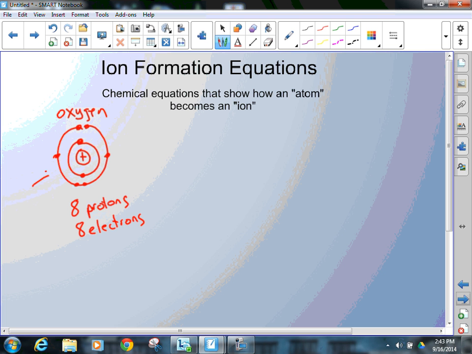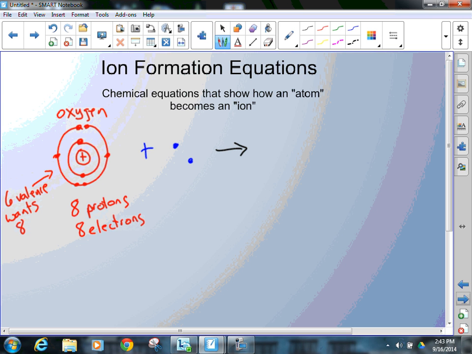In this outer energy level, it has 6 valence electrons, but it wants to have 8. So it's going to gain 2 more electrons. So we're going to add 2 electrons to it.